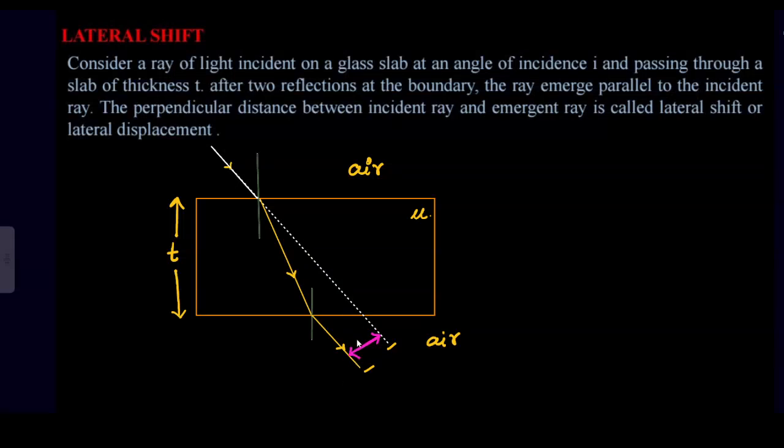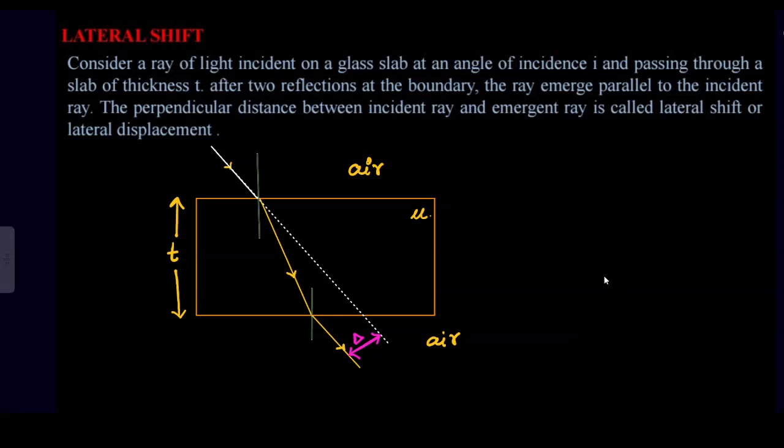This is called the lateral shift. The light ray actually has to go like this white line, but because of the slab, the emergent ray is parallel to the initial ray, but a shift is happening. This much shift is there, and the shift is called a lateral shift.